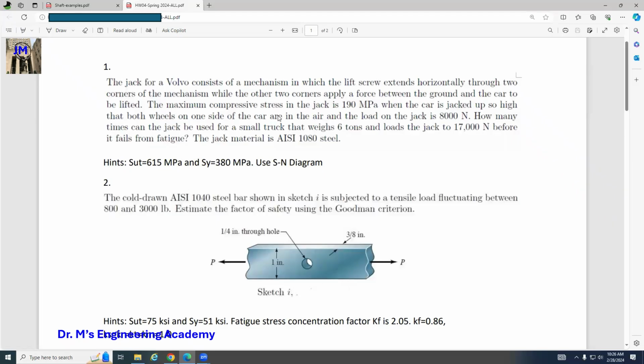And SL prime, we will use this factor for axial loading, multiplied by SU. So we have this value. Make sense?